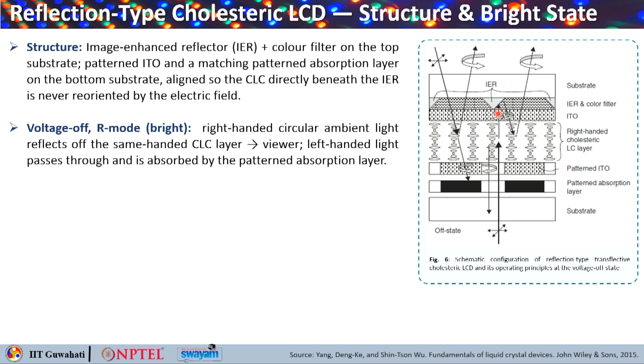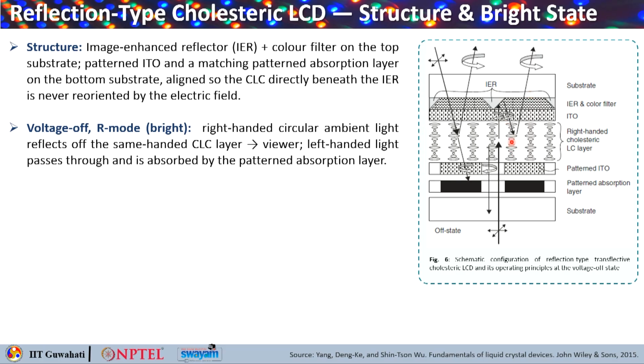This newly made right-handed light can now travel back down, and critically it is now the correct handedness to be reflected by the CLC layer, so it is getting reflected for the second time, and it comes out for the viewers.